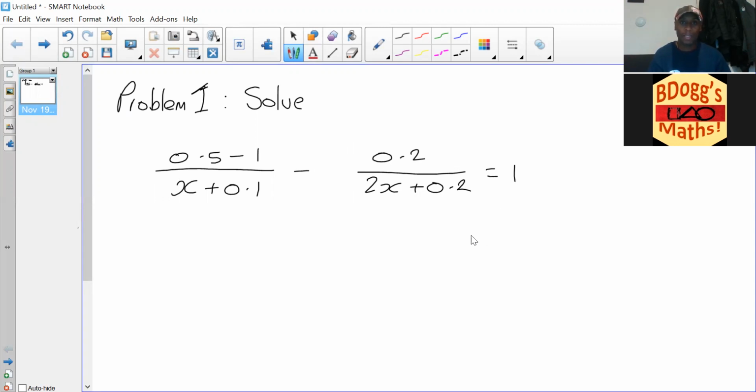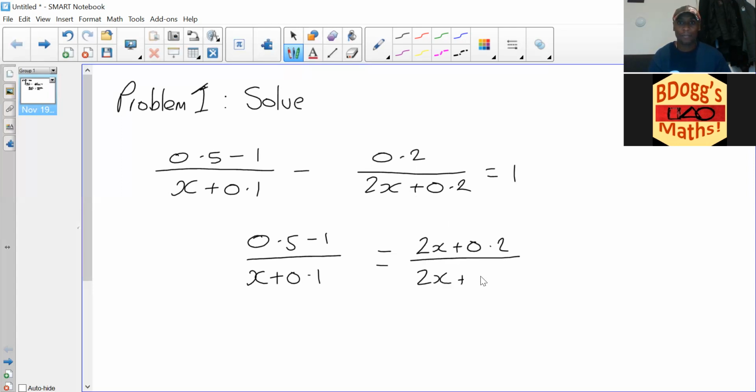Okay, so I'm going to move my equal sign to the middle of the page so you can see clearly. The left-hand side will remain as 0.5 take 1 divided over x plus 0.1. When adding this fraction together, I need to change that 1 so it looks like something I can use. So I'm going to use this instead of the number 1, because that will now have the same denominator when I add this fraction.